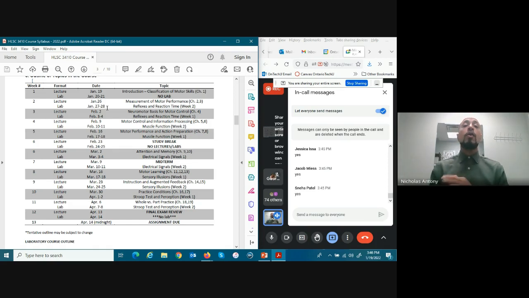As I had mentioned, all the labs are going to be virtual, so they are going to be on your own time. Everything's been posted. The way that the labs will work is that you're going to log in to Canvas, and under the modules there is a lab protocol section. There are sections for each of the different labs.